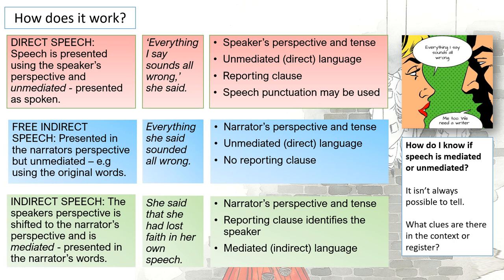So the first person I is what the speaker would say, and it's also in the present tense. "Everything I say sounds all wrong." The direct language is used, and it's given a reporting clause, which is the "she said." It identifies the person speaking. So direct speech has the reporting clause here.